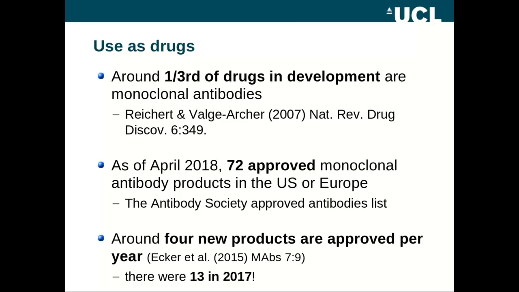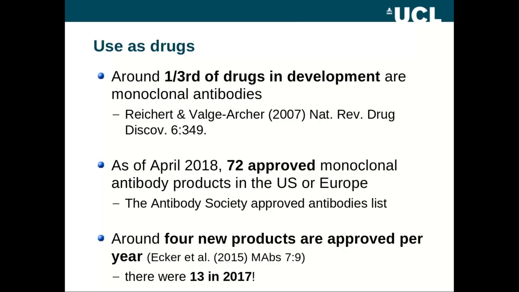The International Non-Proprietary Names Committee, which is part of the World Health Organization and is responsible for giving not brand names but non-proprietary names to all types of drugs, gets around 50 every 6 months that have to be named, and that represents approximately a quarter of all the drugs that they have to produce names for. This is usually done around phase 2 clinical trials.